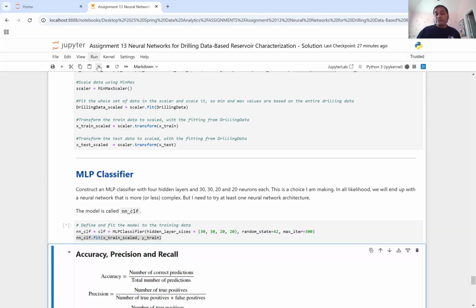I also do want to emphasize that because this is a classifier that's going to be outputting the probabilities associated with each label or each class, we are going to be having 3 outputs. The first output is going to give us, for a specific input data point, the probability that it belongs to class 1.